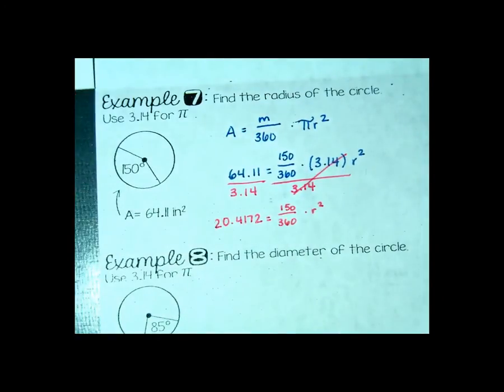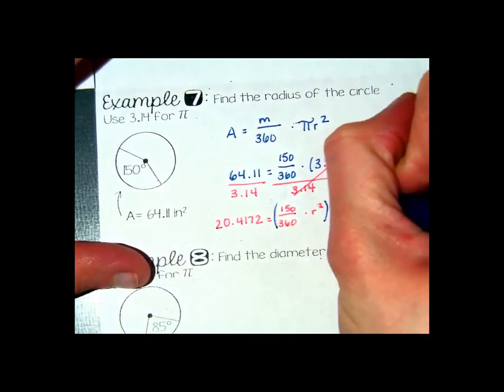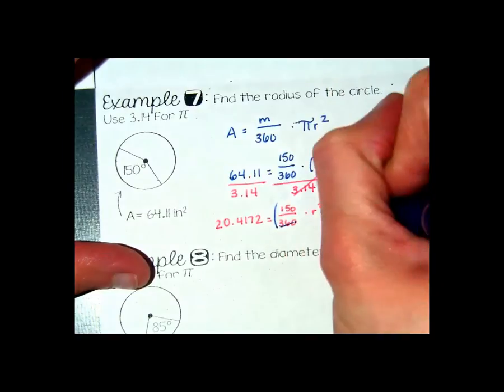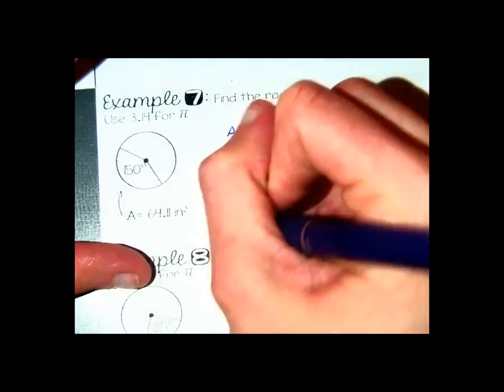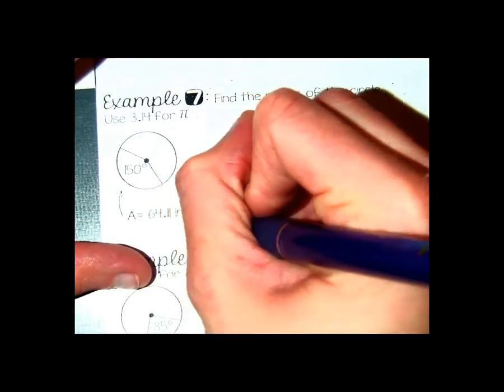Okay. How do we get r by itself now? You can divide by 150 over 360, but it's also the same as doing what? Multiplying by the reciprocal. Either one gives you the exact same answer. So, either divide or multiply by the reciprocal.